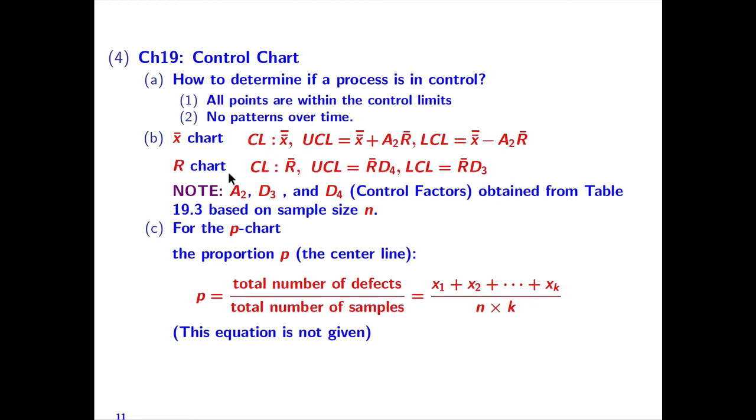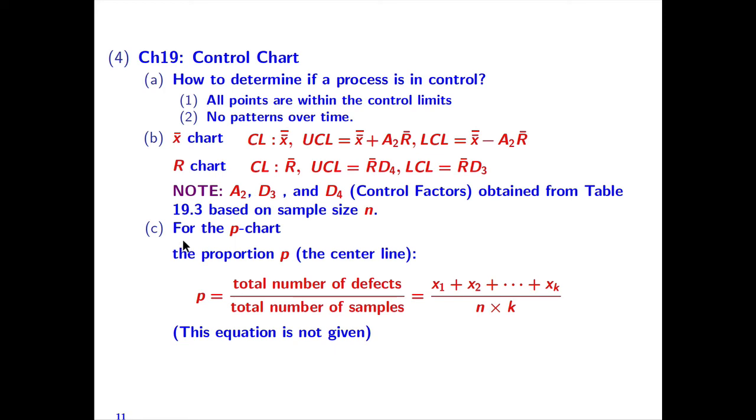And for the R chart, UCL is R bar times D4. LCL equals R bar times D3. Note A2, D3, D4, the control factors obtained from the table, will be based on the sample size n. This is extremely important.